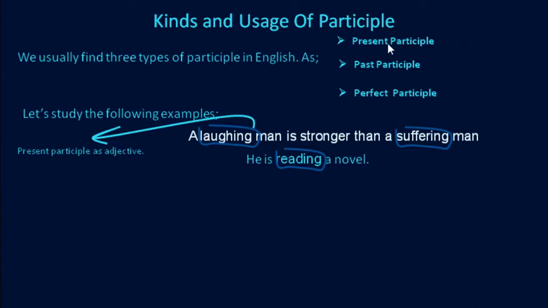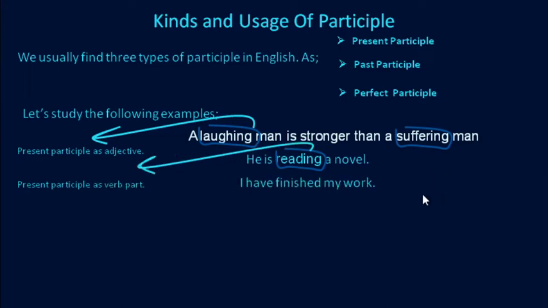For present participle, when any verb is added with ing, that's called present participle. And past participle, from the conjugation of verb, if I say see, saw, seen, seen is the past participle form. And perfect participle will be another structure, having plus the past participle, having gone, right?